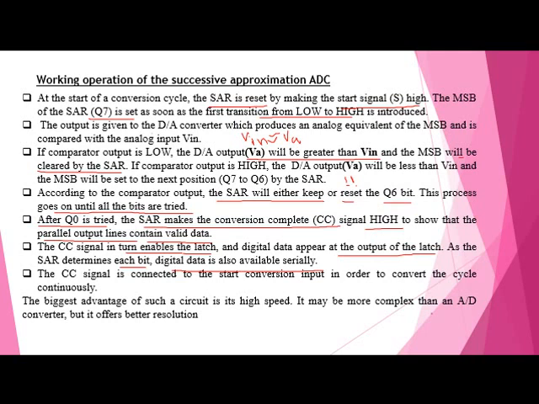The conversion complete signal is connected to the start input in order to continue the conversion cycle. The biggest advantage of the successive approximation ADC is high speed. It may be more complex than other analog to digital converters, and it has better resolution.